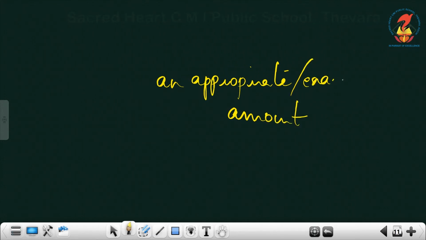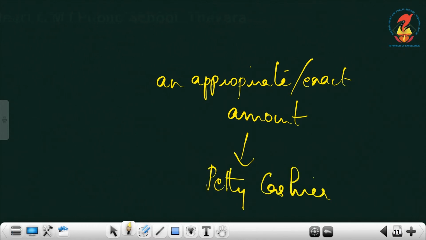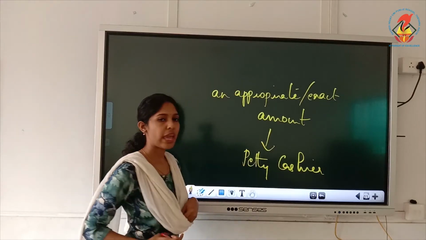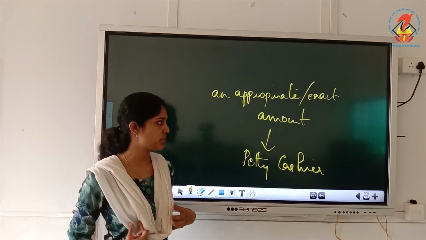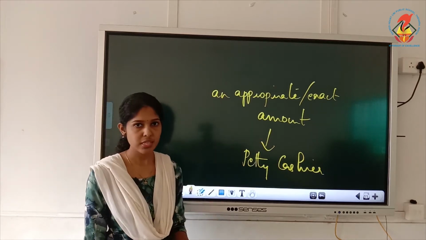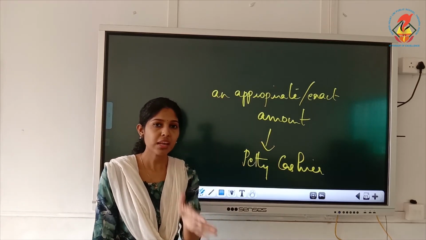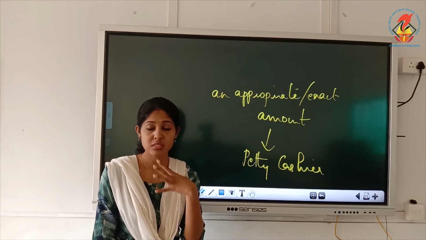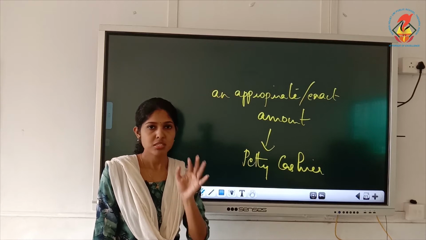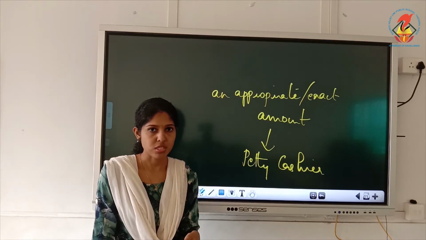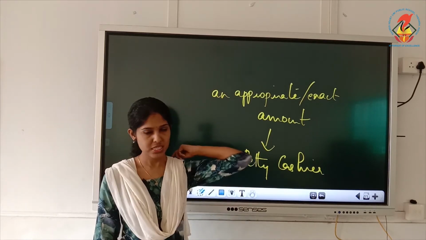Appropriate or exact amount will be given to the petty cashier by the main cashier so that he can spend this amount for that particular period given. That means all the petty expenses he can meet using this amount, and this will be the correct amount. Suppose they found that the petty expenses for the period is rupees 10,000. 10,000 will be given to the petty cashier.